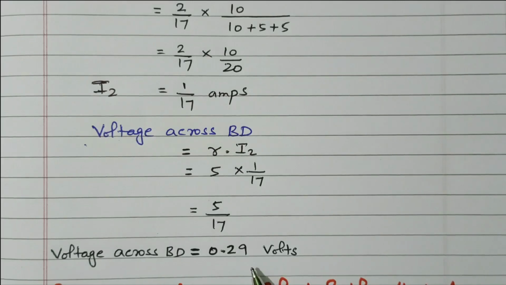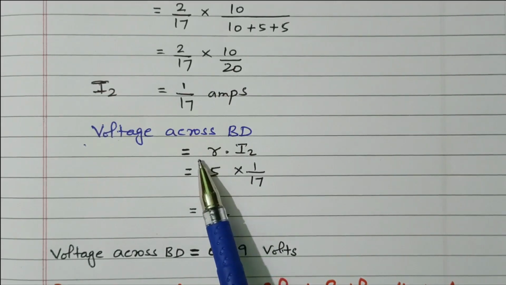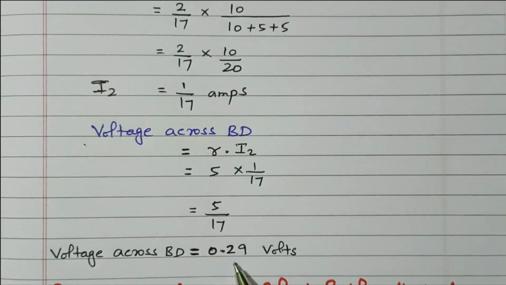So due to the change in resistor, that is, we added 2 ohm, a compensated voltage is calculated, an opposing voltage. From that opposing voltage we calculated I1 and I2. From that we calculated the voltage across BD. Change in voltage is 0.29 volt. Due to the additional resistor, the voltage in the branch BD is 0.29.